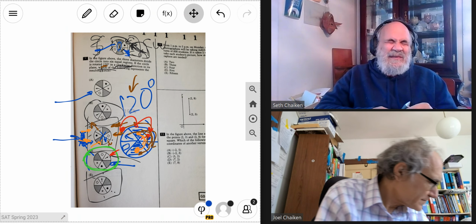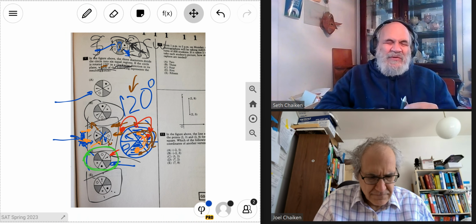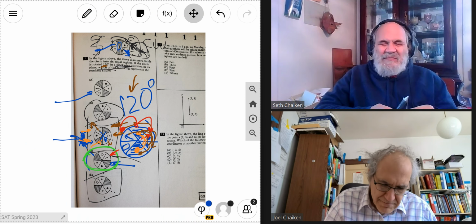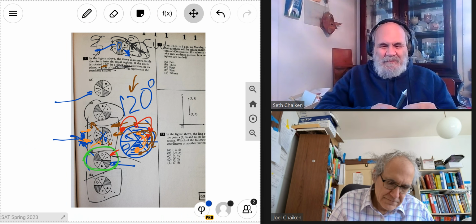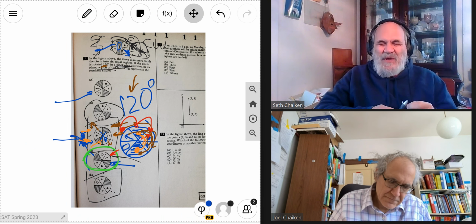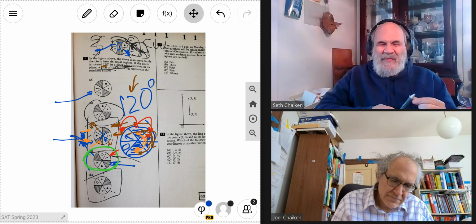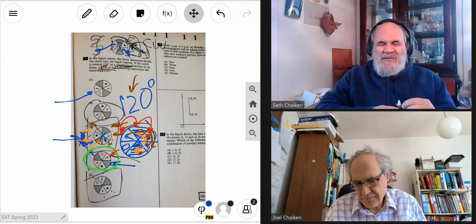The modern SAT has questions about congruence or similarity of triangles, which is not the same thing, of course. That's a case where you have to match up which angle in one triangle corresponds to which angle in the other triangle, and which edge corresponds to which edge.